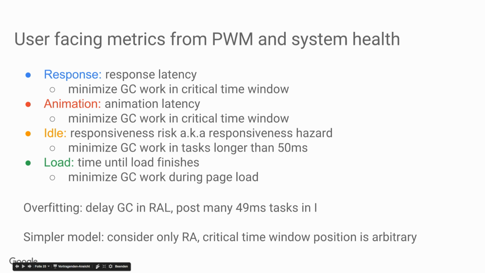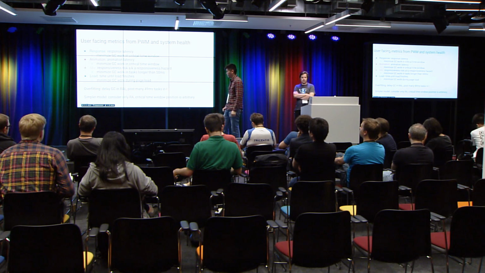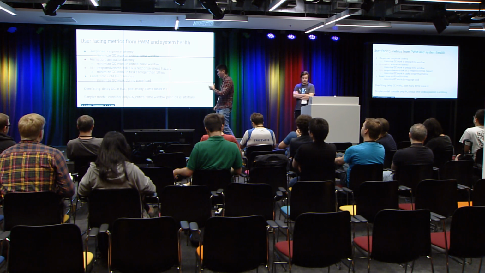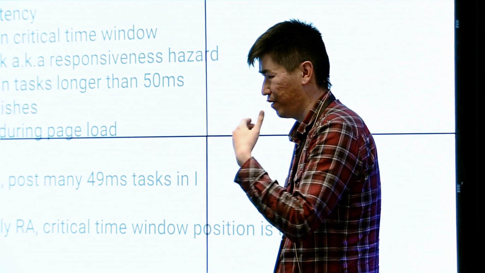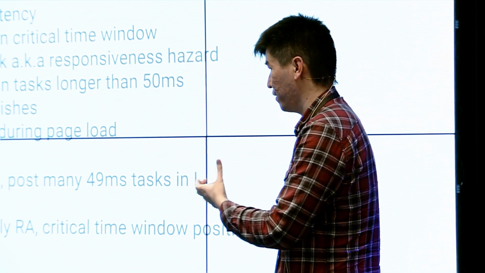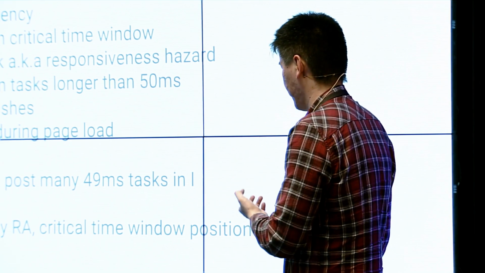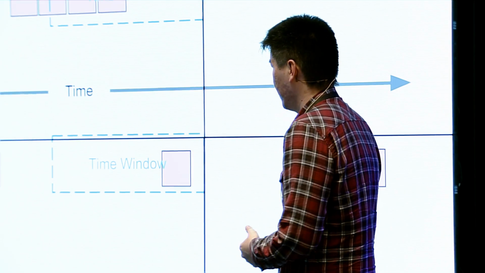What is important in these phases is that we minimize GC work in critical time windows. But since we don't know when the critical time window will come, we could simplify this model even more and say, let's just make this non-deterministic, and we just assume that a good garbage collector should be able to handle critical time windows that can happen at any point.